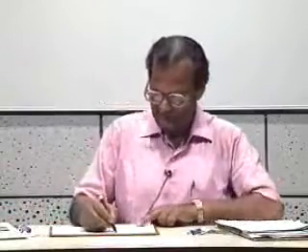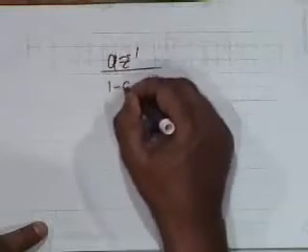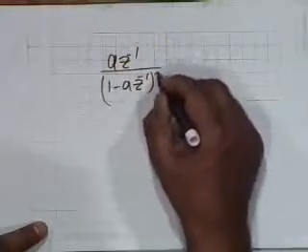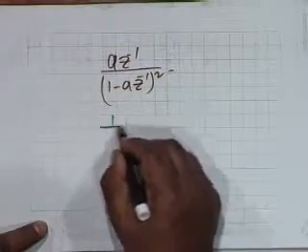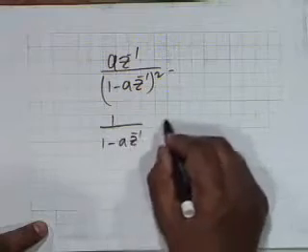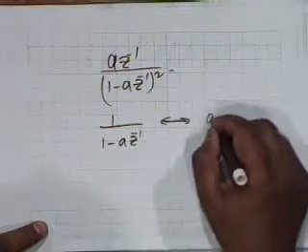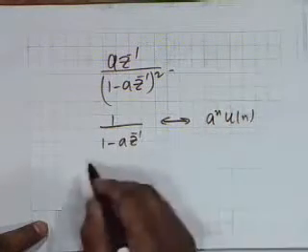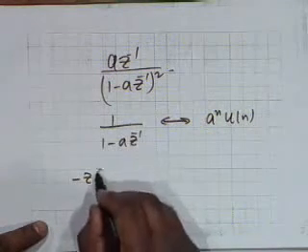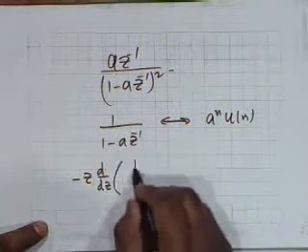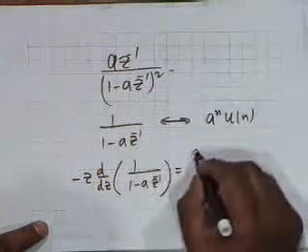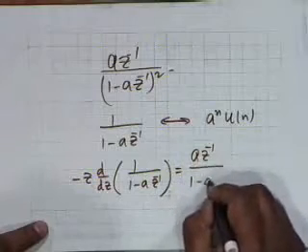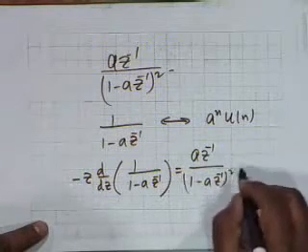Let's take another example. A z inverse divided by 1 minus a z inverse whole square. And this we proceed like this. We know 1 by 1 minus a z inverse is the Z transform of a to the n u of n, and if I differentiate this, minus z d dz of 1 by 1 minus a z inverse is simply this, a z inverse divided by 1 minus a z inverse whole squared.